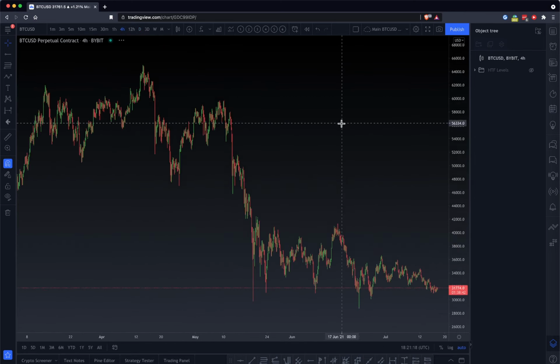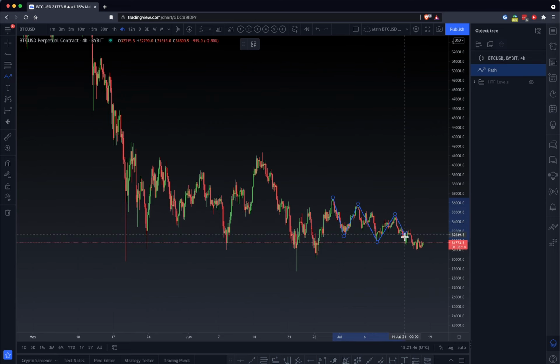As you see here, we constantly made lower low, lower high, lower low, and we may get another rise somewhere, then another one.